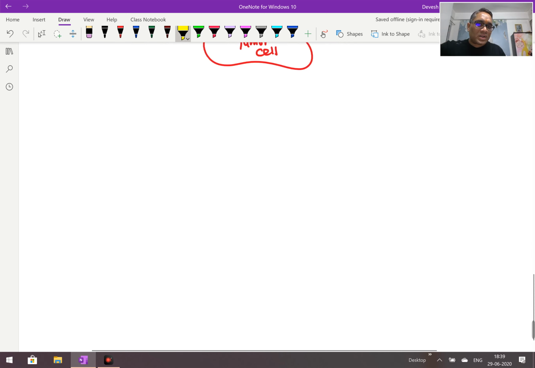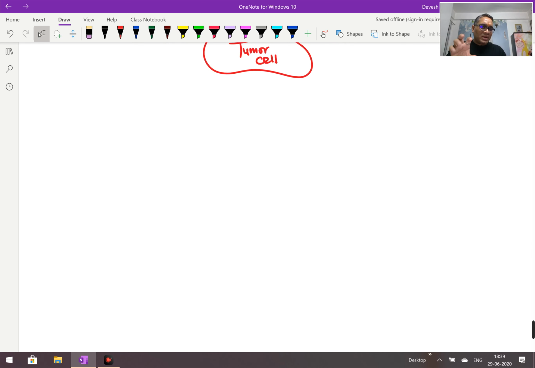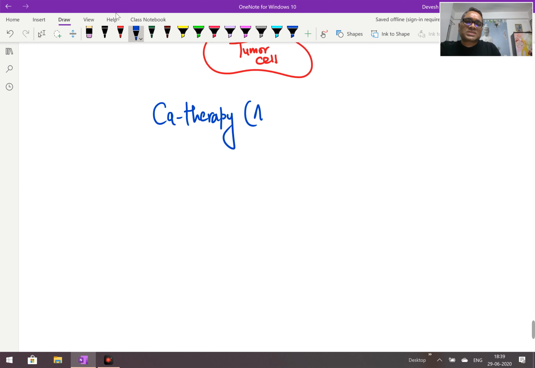So what was the Nobel Prize winning discovery by the two scientists in 2018? They discovered cancer therapy by using certain antibodies, right?